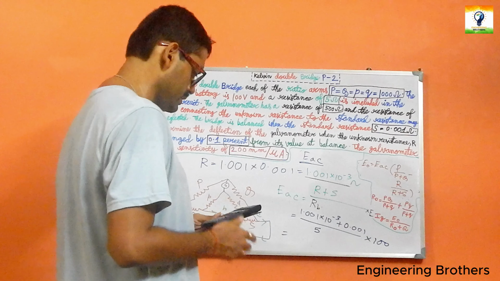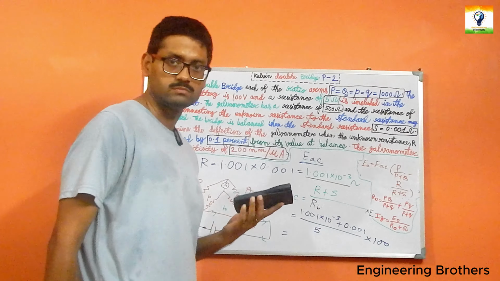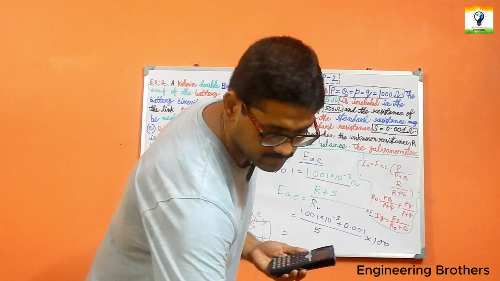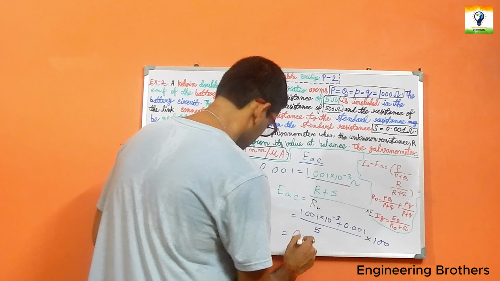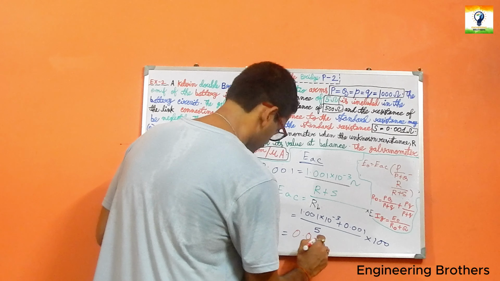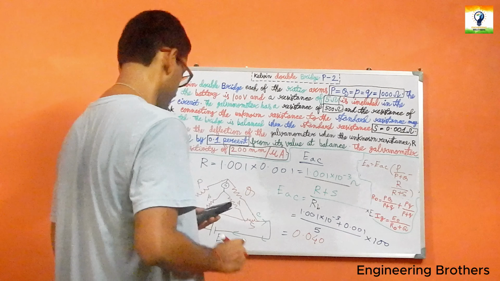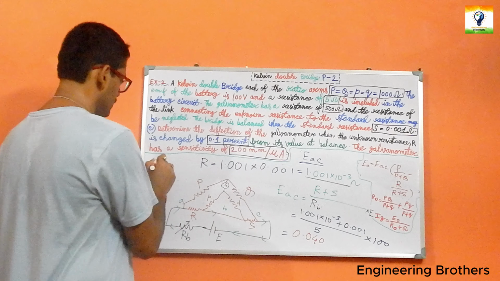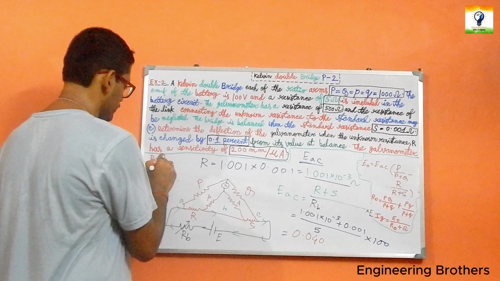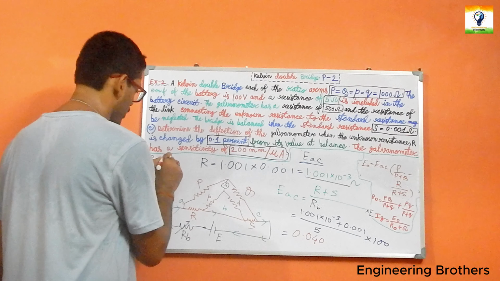The value will be 0.040. So this is our value. We need to note it down over here, because that value will be utilized in the future part of our solution.